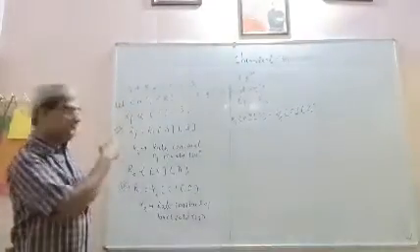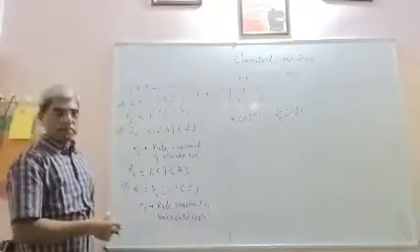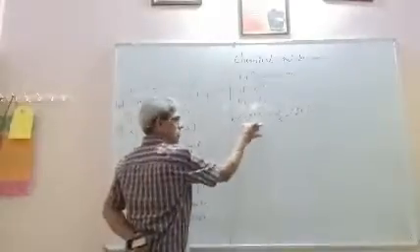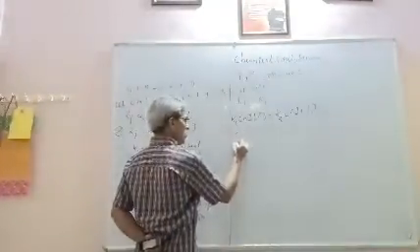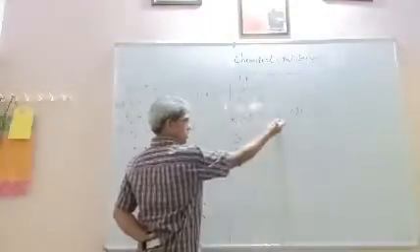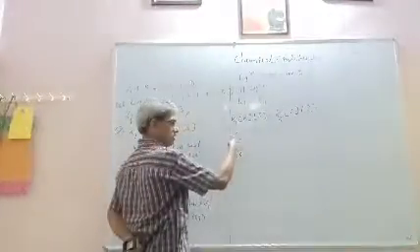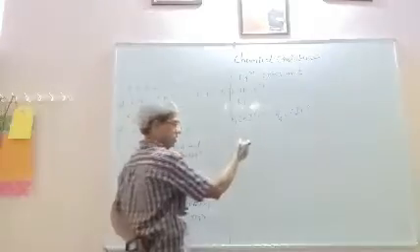We substitute the values of RF and RB. Then rearrange this equation, we can write K1 upon K2. Transfer that K2 towards the left-hand side, it becomes the denominator.